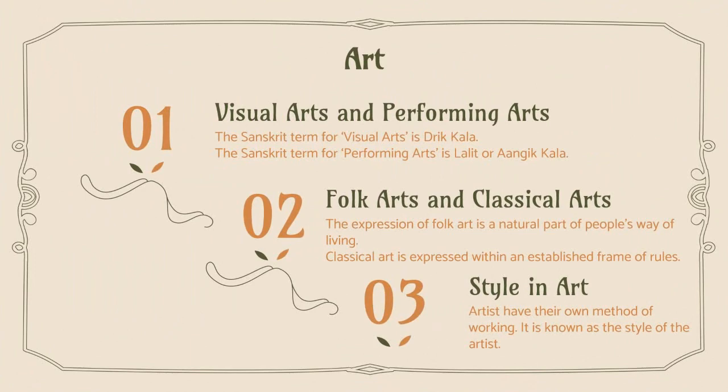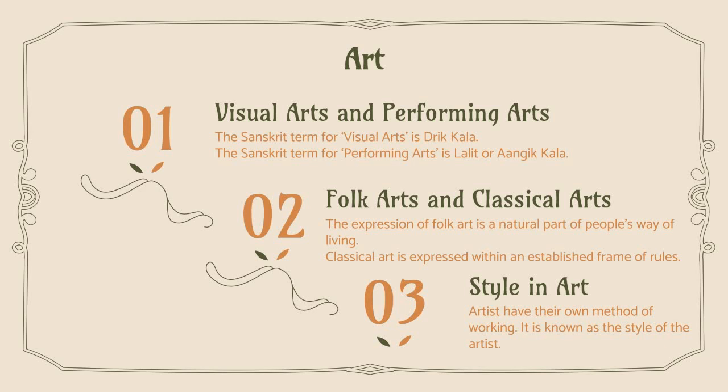Well, students, we are going to look at the different types of arts. Artistic creations are basically of two types. The first is known as visual arts, and the second is performing arts.